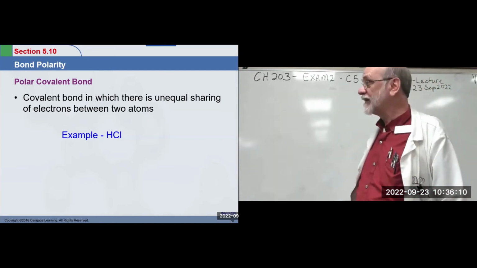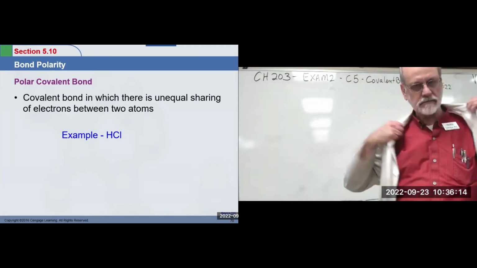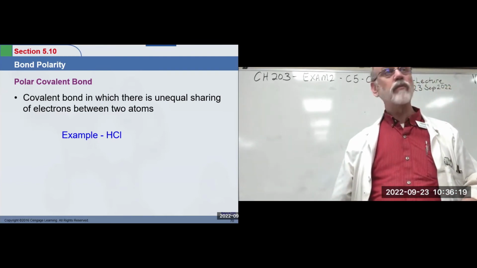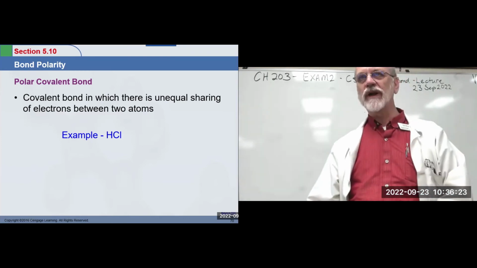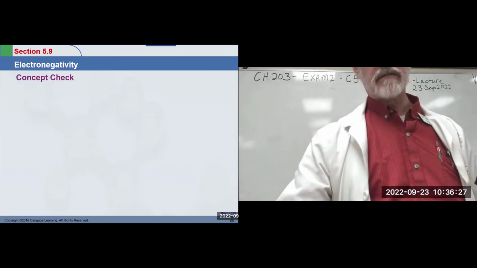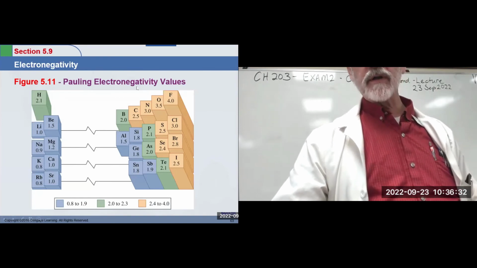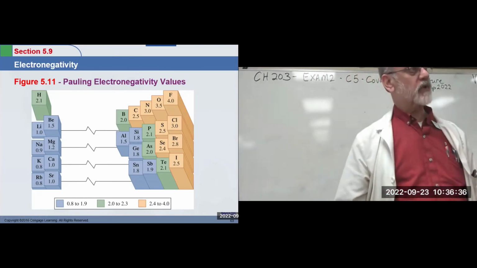Here's an example. HCl, hydrogen chloride. Which way is the polarity going to go? Probably toward the chlorine. It should be more electronegative than hydrogen. We can go back and see. Hydrogen's 2.1 and chlorine is 3. So yeah, it's going to be polar toward chlorine.